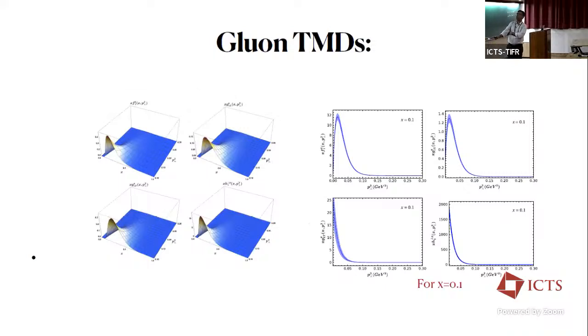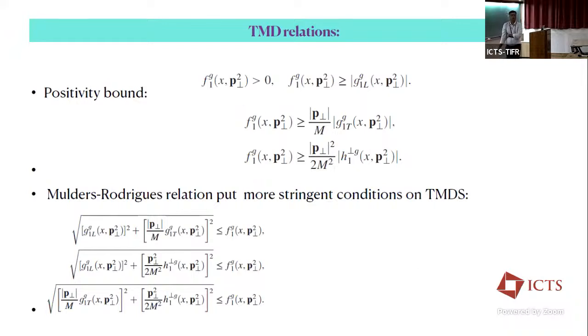These are 3-dimensional plots of the TMDs, and these are some 2D plots for fixed x values. How does it look? These TMDs satisfy some positivity bounds, or some relations or constraints. The unpolarized TMD has to be greater than 0, and also greater than the modulus of G1L.